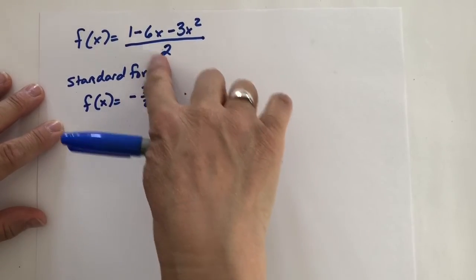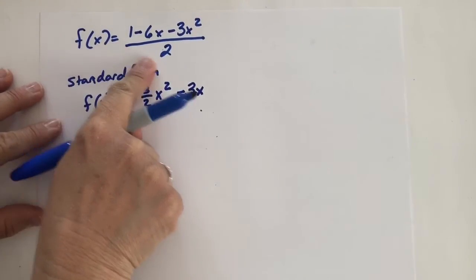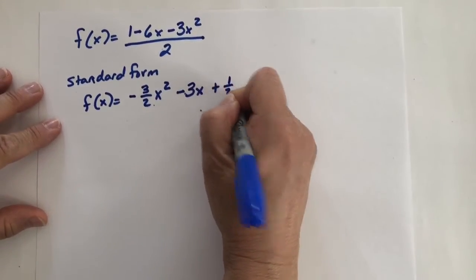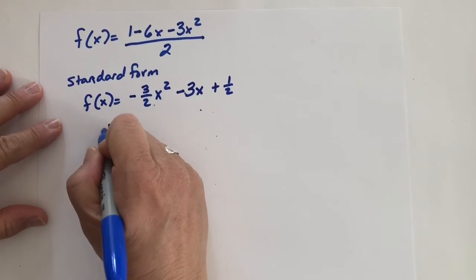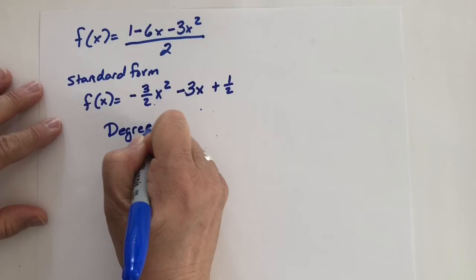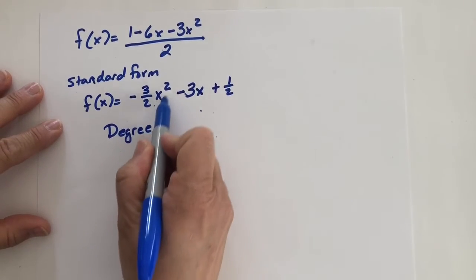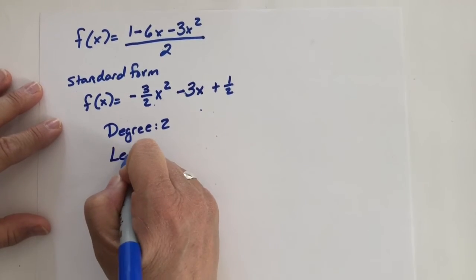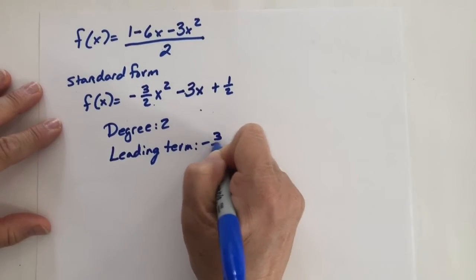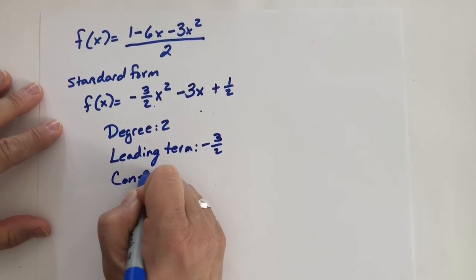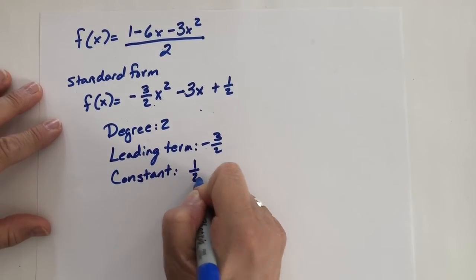Next, we have negative 6x over 2, which we would reduce and make negative 3x. And last, we would have 1 over 2. So this is a second degree polynomial because of this exponent. The leading term, remember, is the term of highest degree, so the leading term would be negative 3/2 x squared. And the constant is right here, this one without any variables on it, 1/2.